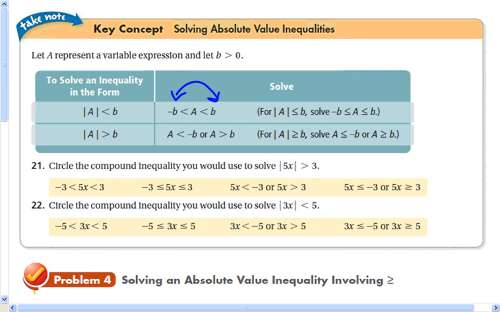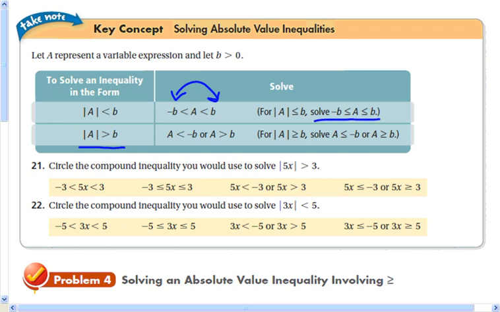For the absolute value of a to be greater than b, that means that a must either be greater than b units away from 0 or less than negative b units away from 0. So for the first one, we're going to have to solve this compound inequality to find all the solutions.